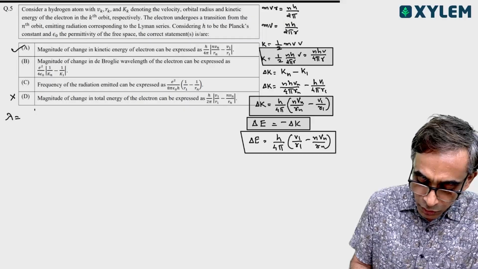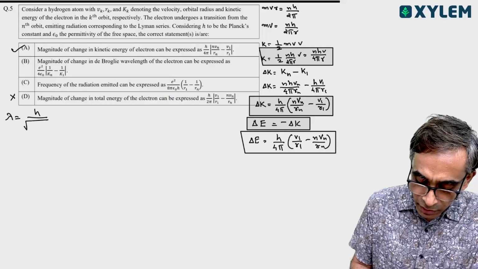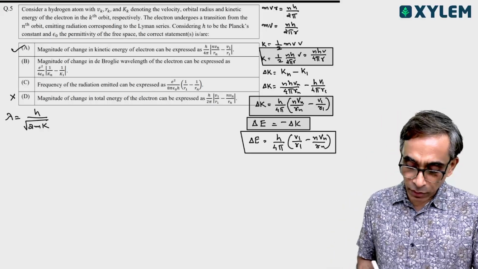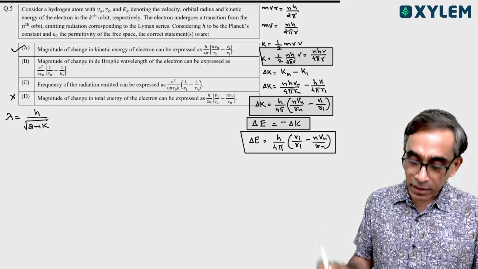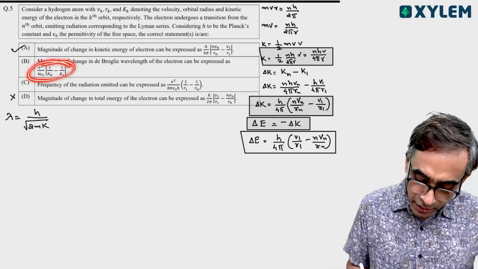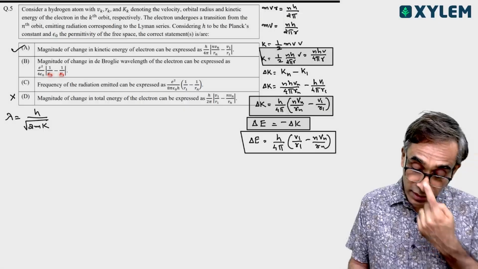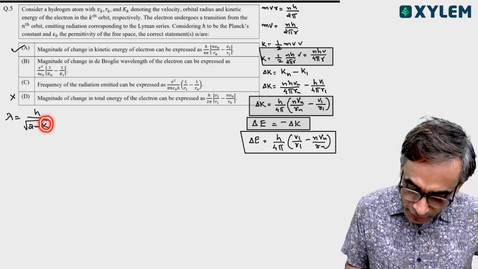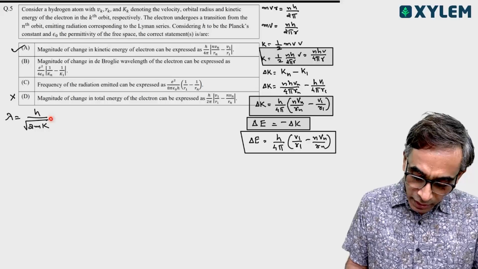Lambda equal to h divided by root of 2m into kinetic energy. That is the equation for de Broglie wavelength. But in the equation given, we don't see that. Kn and K1 are kinetic energies, but in our equation it is the root of kinetic energy. So we need to change this one.